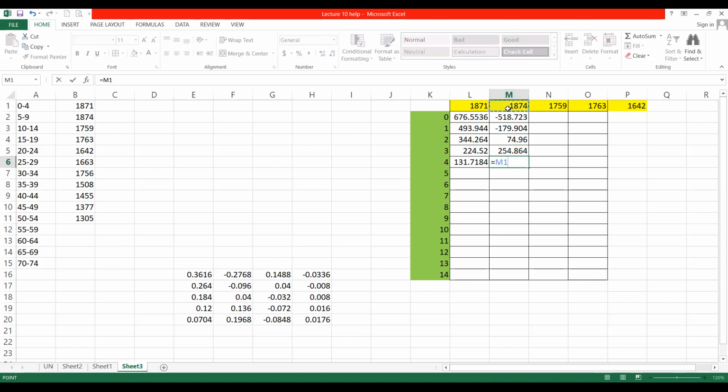Now you can compare your values in these steps with my values.